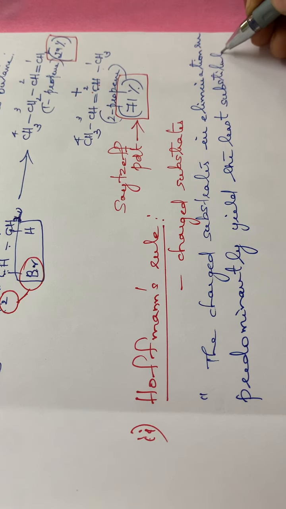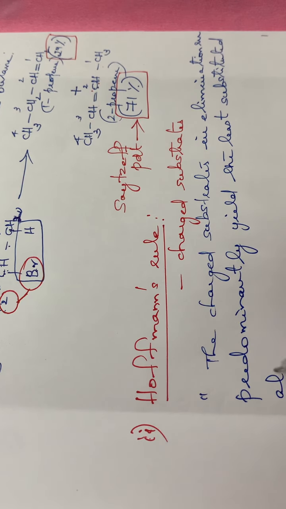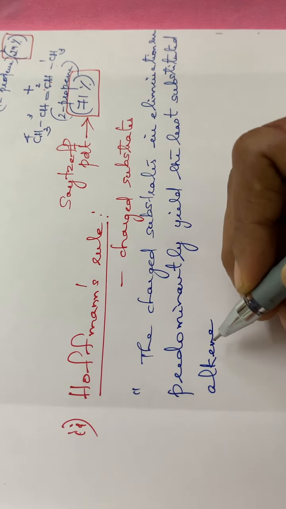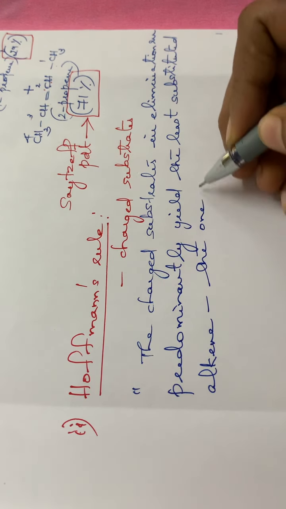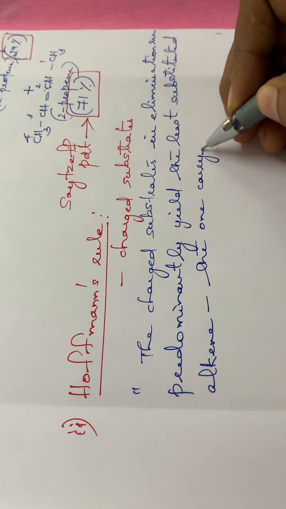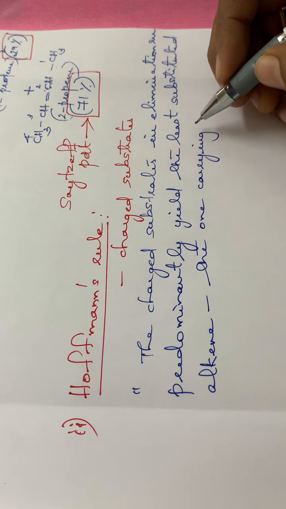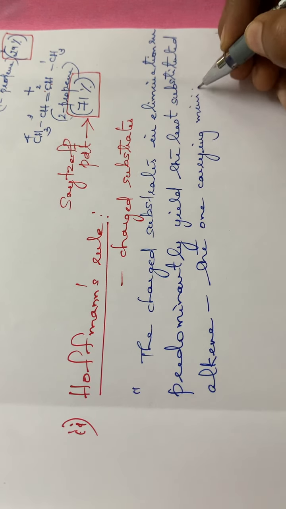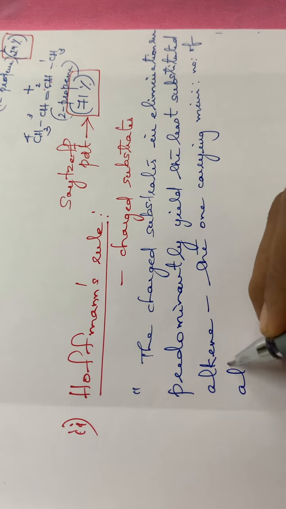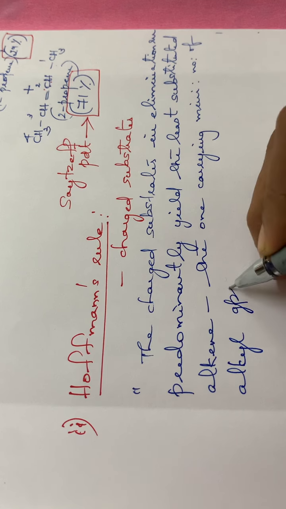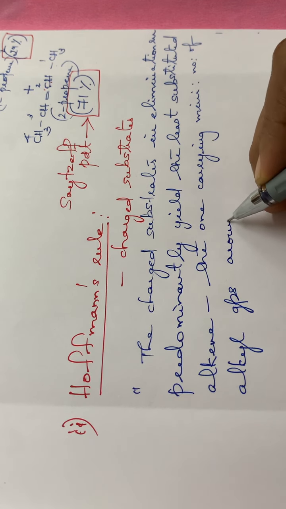The least substituted alkene. That means the one carrying the minimum number of alkyl groups around the multiple bonds.